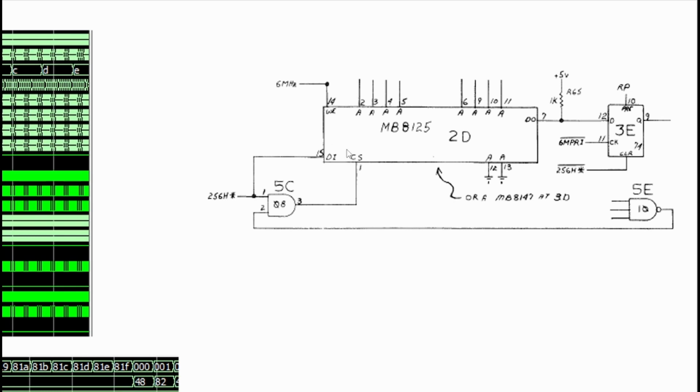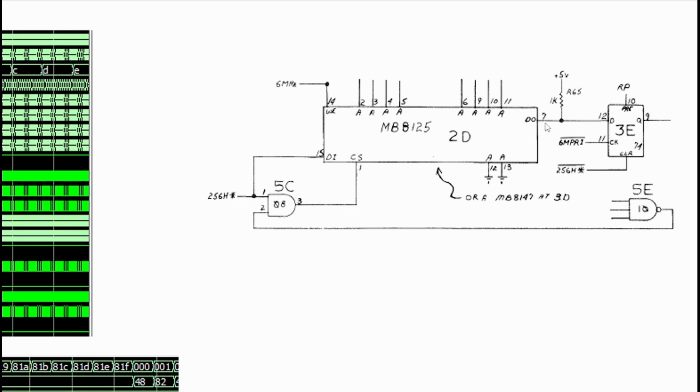And then we have data going in, which is the 256H, so it's only going to be high during H blank. And then the write enable is enabled on the 6 MHz pixel clock. And then the address input for the RAM chip is that counter that we had, either the counter or during the H blank, the storing period.